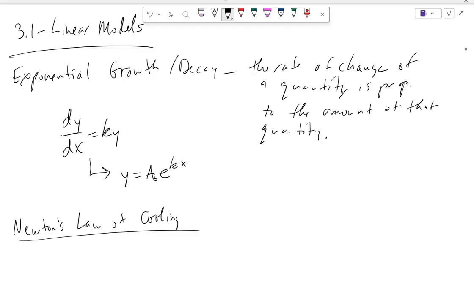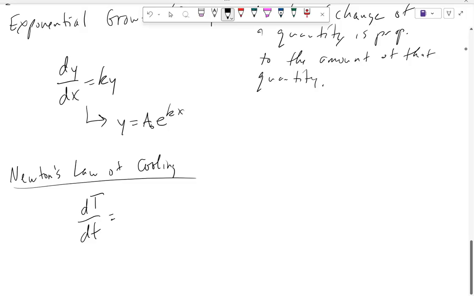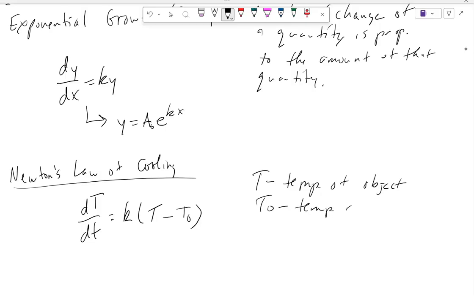So the change in temperature is going to be proportional to something about the difference of the temperatures. It looks a lot like your exponential growth or decay. I'll write it as dT/dt, proportional to whatever the temperature of the object is minus the temperature of the surroundings. Okay. So T is the temperature of the object, and T naught is the temperature of the surroundings.